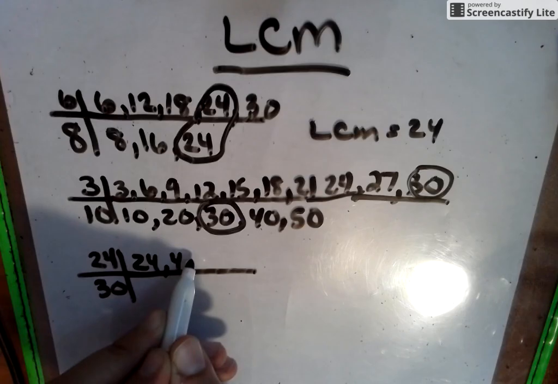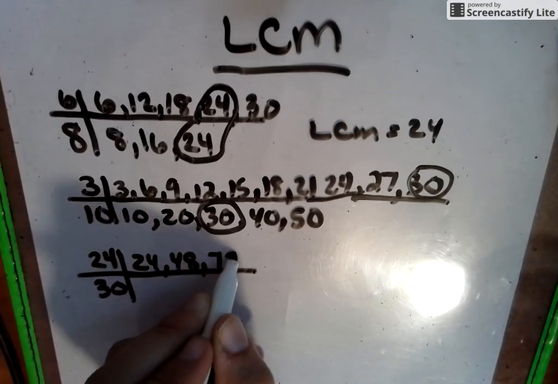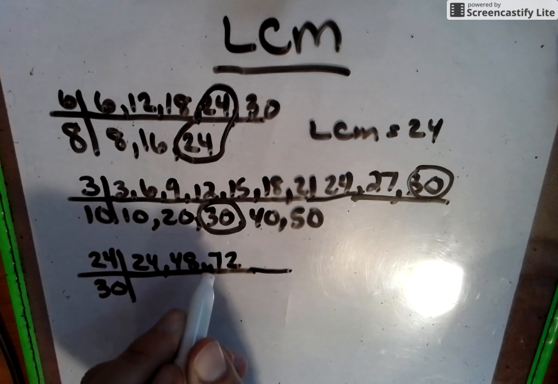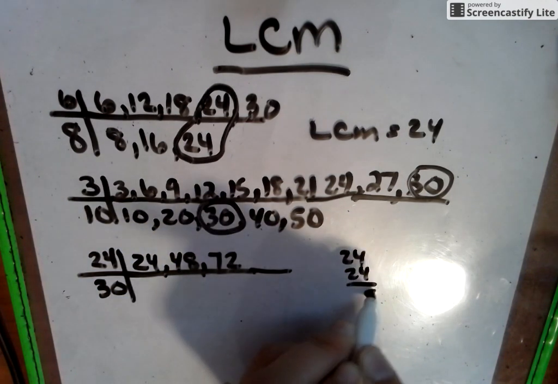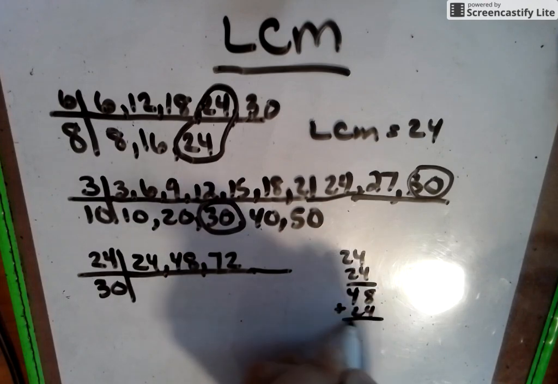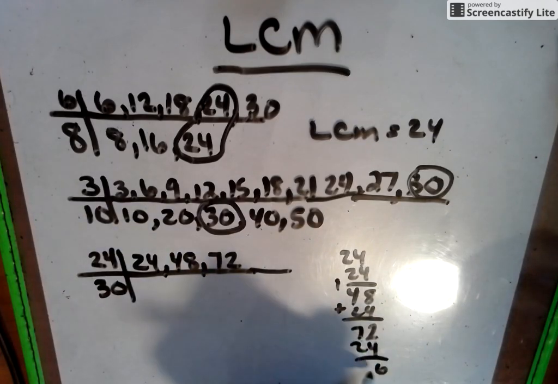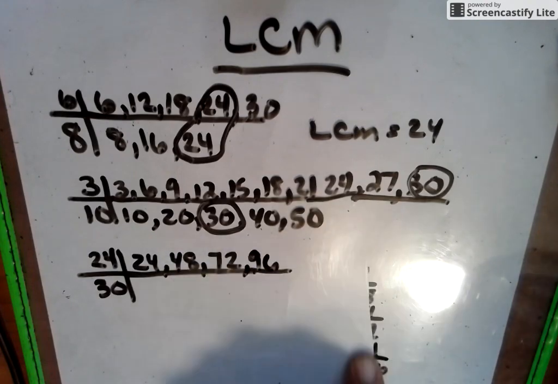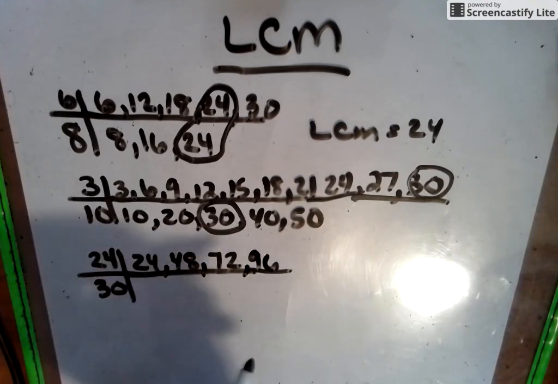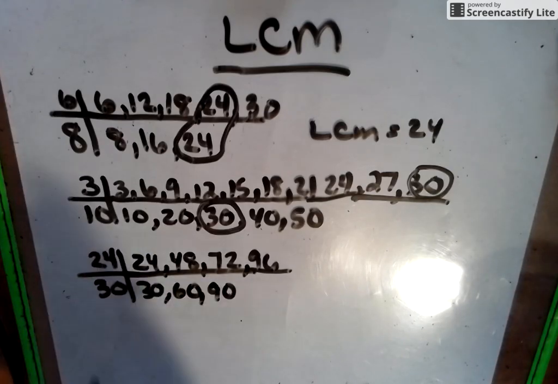And we could say like 24, 48, 72. Remember, if you don't know these, you're like 24 plus 24, add 24 more, add 24 more. With me on that? So if you have to keep repeat adding, then you just got to do what you got to do.